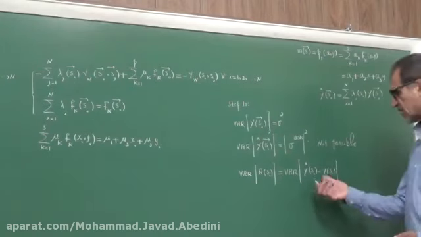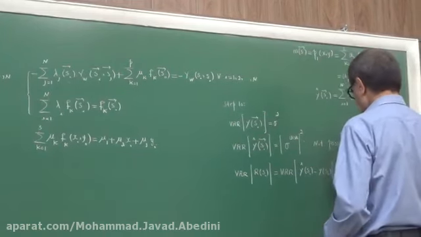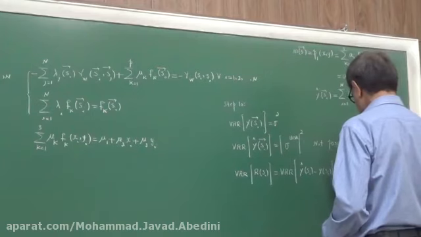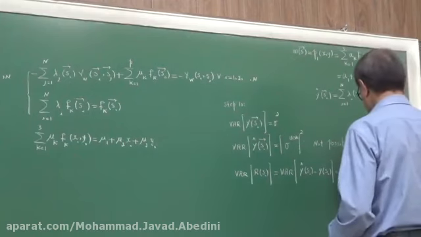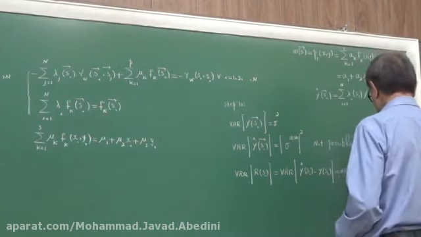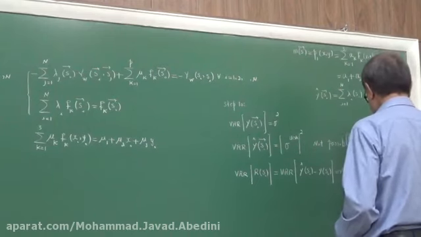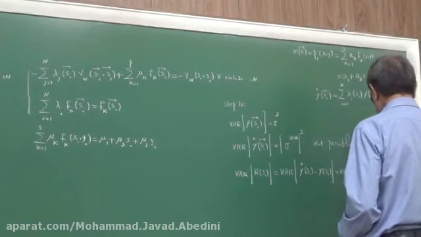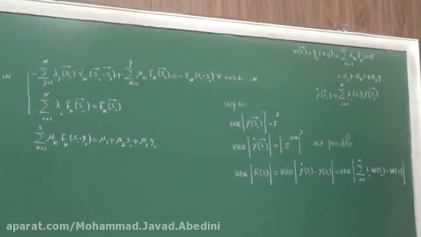If you simplify this, you are going to get summation i from 1 to n lambda i W at Si minus W at S0. Here your W is stationary.